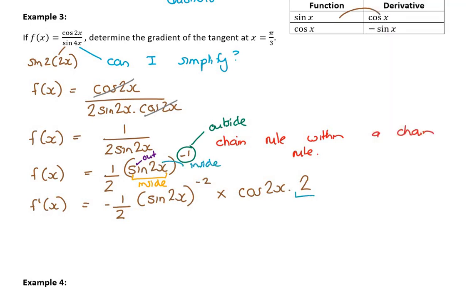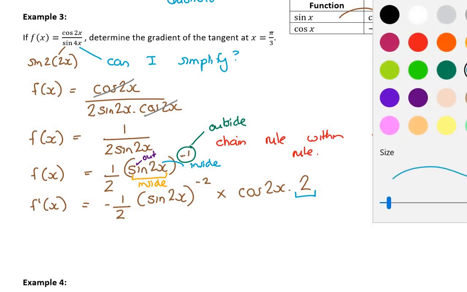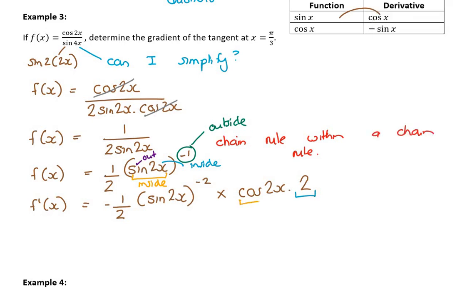So let me just say that's the derivative of the inside. Oh no, I shouldn't. That's the wrong color. So let me go back. That's the inside. This is the inside function. This is the outside function of the sine, and this whole thing here, that's the outside function.